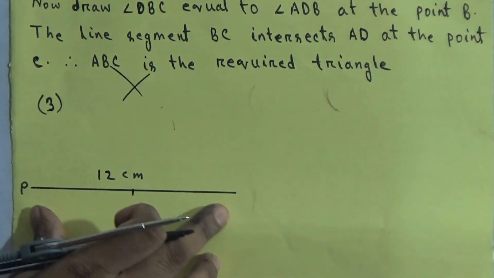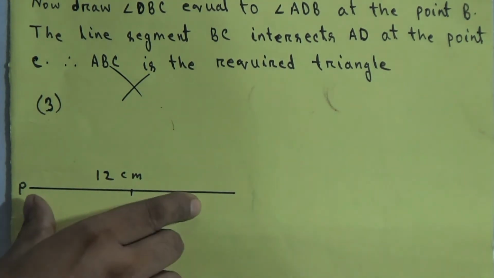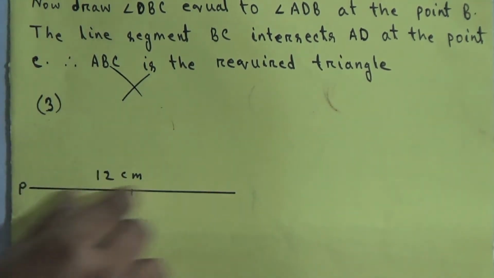This is the midpoint of this line segment. That means now this perimeter has been divided into two equal parts.